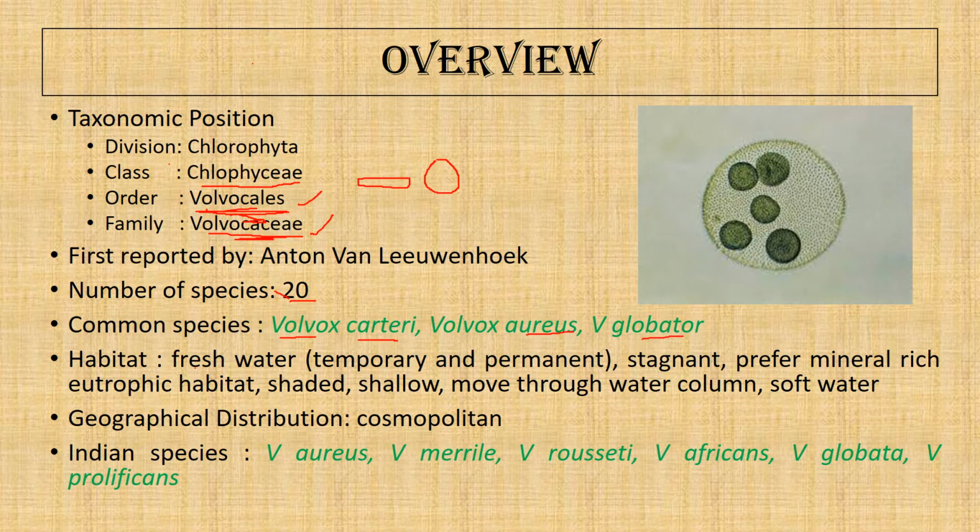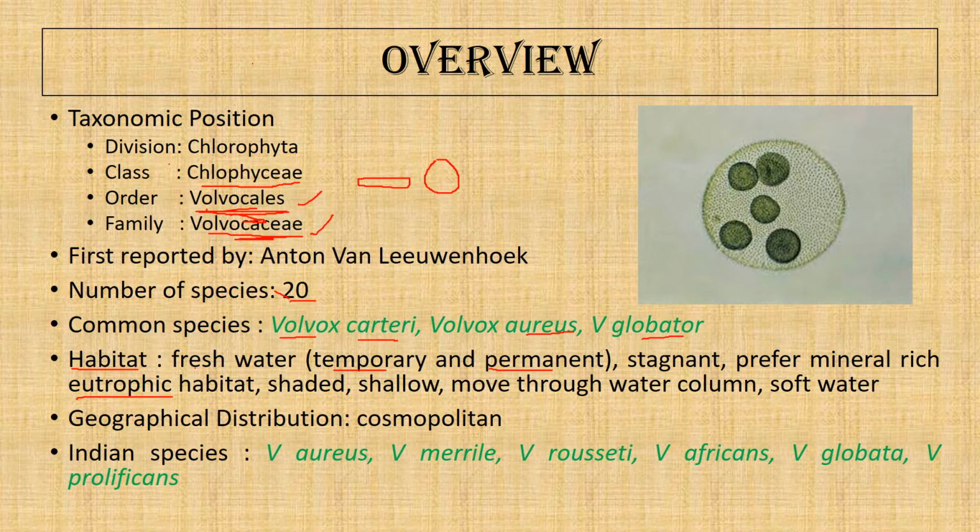The habitat of Volvox is fresh water, and this fresh water can be either a temporary puddle or permanent water bodies, but it has to be stagnant. Volvox prefer eutrophic water, that is, a high amount of nitrogen, sulfur and organic matter.